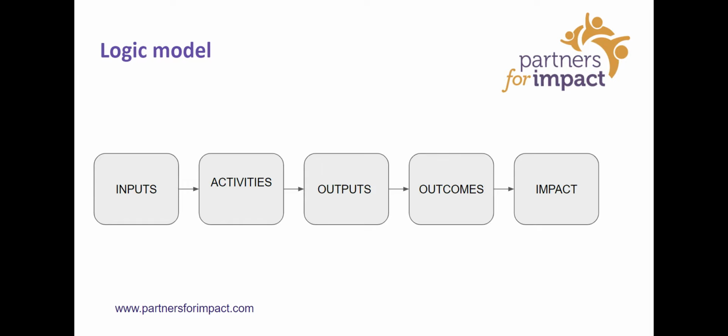And scaling those outcomes will create what I call community impact. So it's this linear way of thinking about your program from the very beginning: what it needs, what you're going to do, what the results are going to be, and the overall change that it can create in your community.